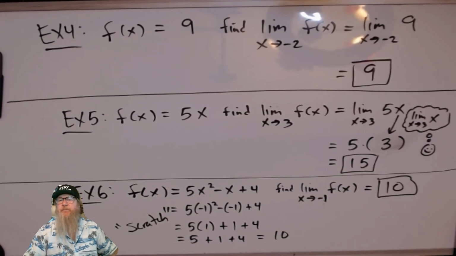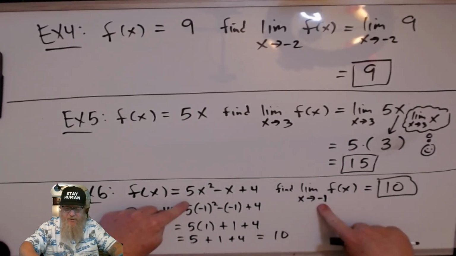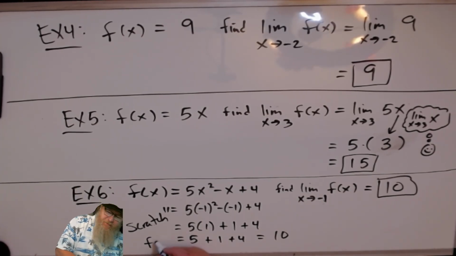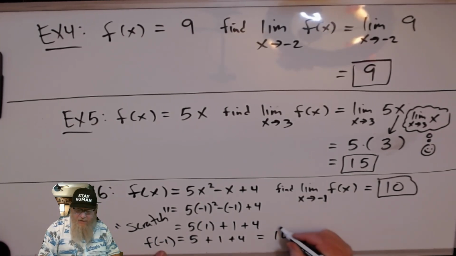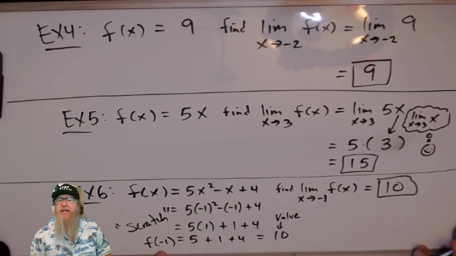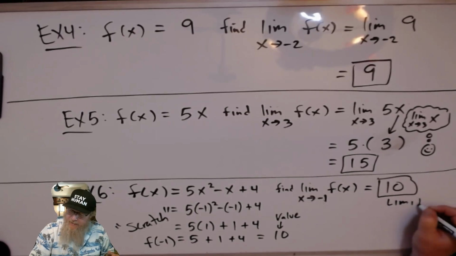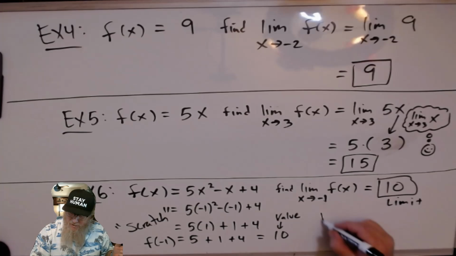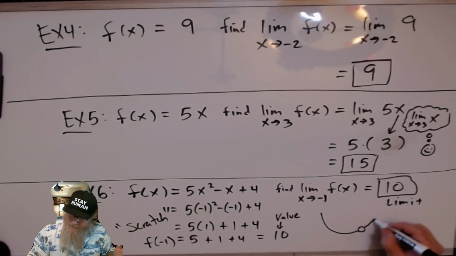All right. Directly substituting the limit for the value of the function. Essentially what this means is f of -1, the value of the function, is 10. Remember the definition of limit? The limit is also 10. So this function looks like this.